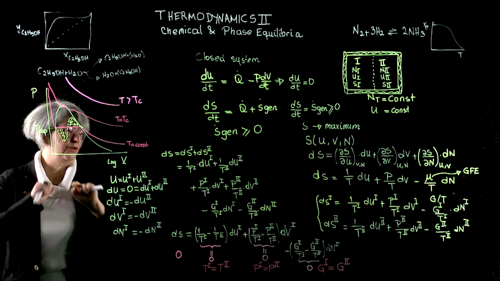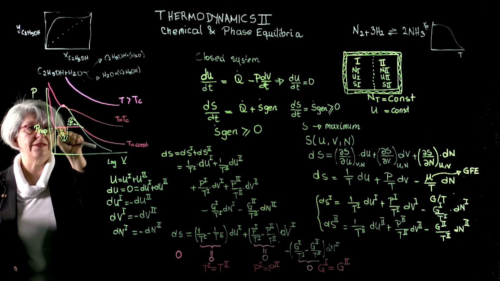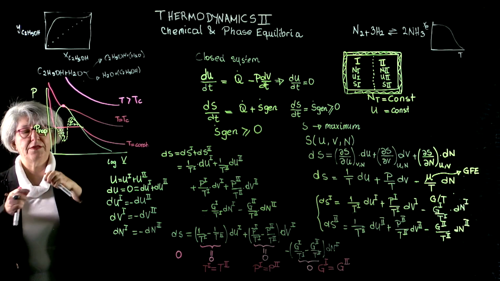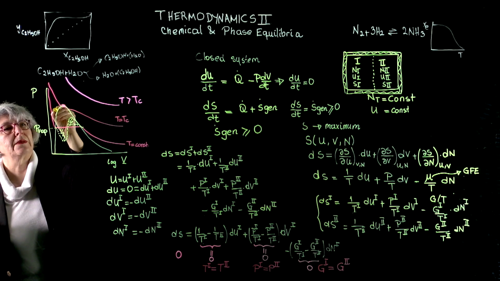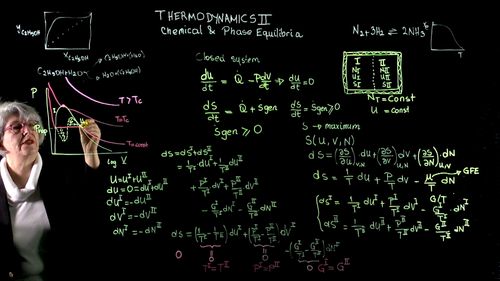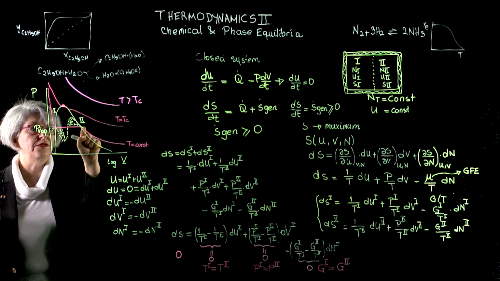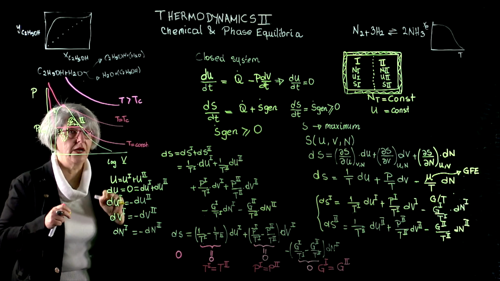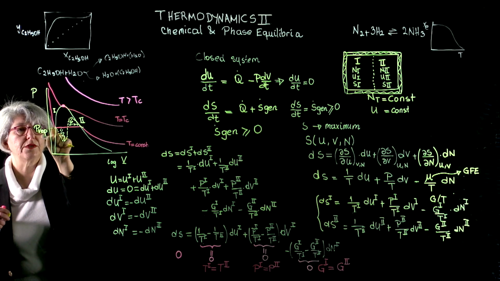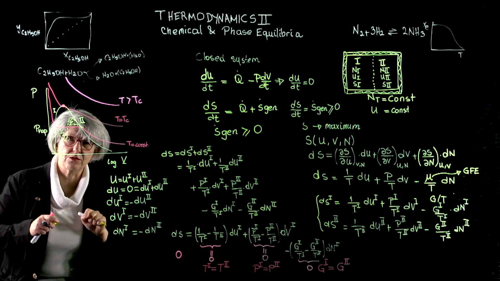So now, let's come back. Look at the equilibrium here. The temperatures of those two phases must be equal. If this is my phase 1, if this domain is domain 1, and if this domain is domain 2, temperatures must be equal. Yes, temperatures are equal. All right? It's on a constant temperature curve. Pressures must be equal. This pressure is equal to that pressure. Gibbs free energies are equal.